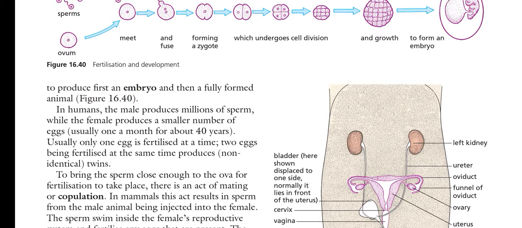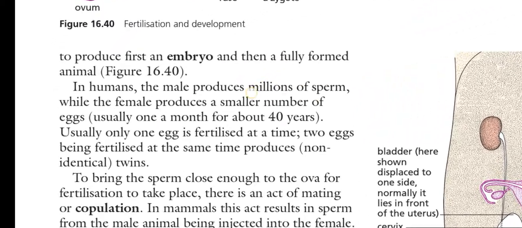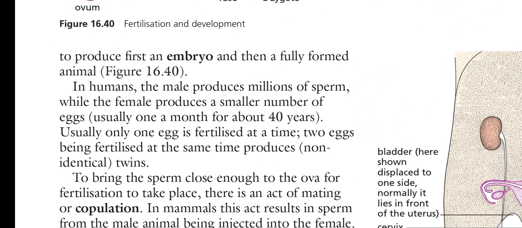The zygote is only one cell, and after many divisions, which are called cleavage, and after three consecutive divisions, the zygote is called an embryo, and then finally forms a fully formed animal.